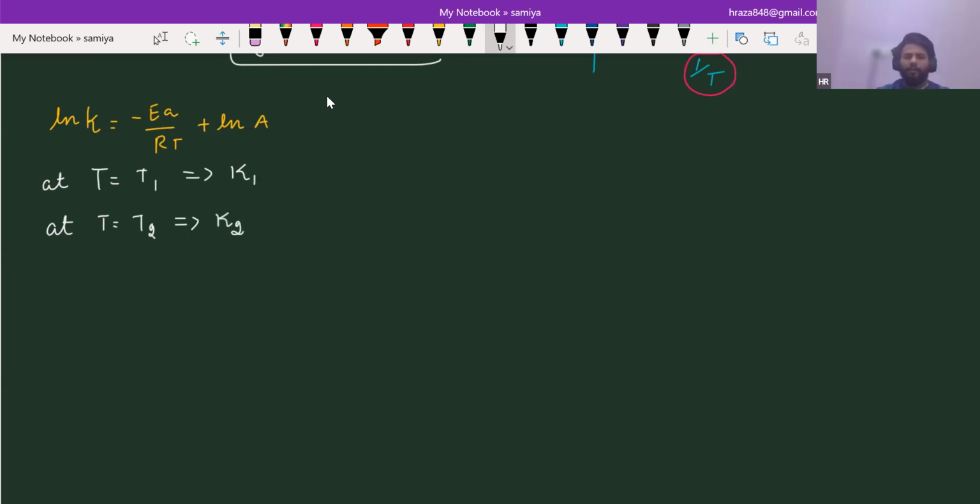So here you can see I'm going to just modify it, and it will be basically ln K1 equal to minus Ea upon RT1 plus ln A. And here you can see ln K2 will be equal to minus Ea upon RT2 plus ln A.